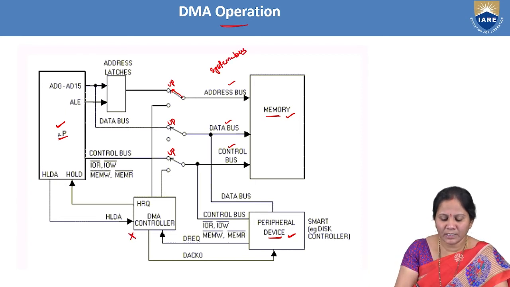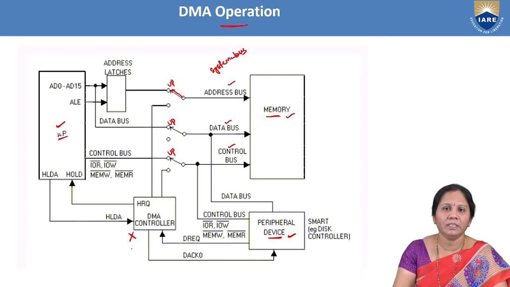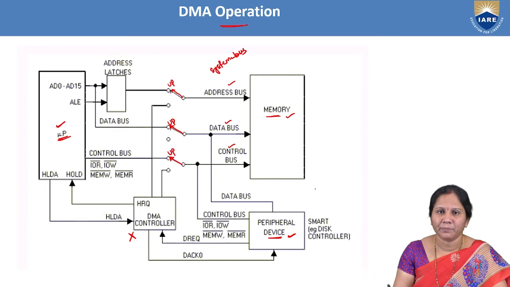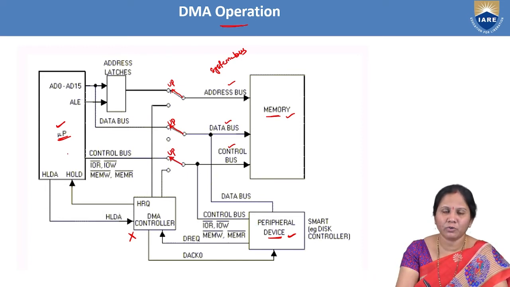In the first case, assume that the DMA controller is not involved. In such cases, all the switches will be connected to the up position. That means all the switches are connected to the microprocessor. This peripheral device has to send a signal to the microprocessor, then the microprocessor will send a signal to the memory.